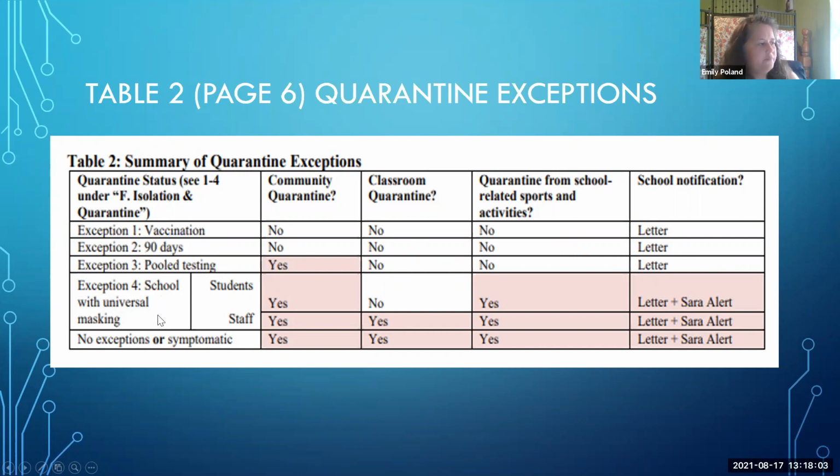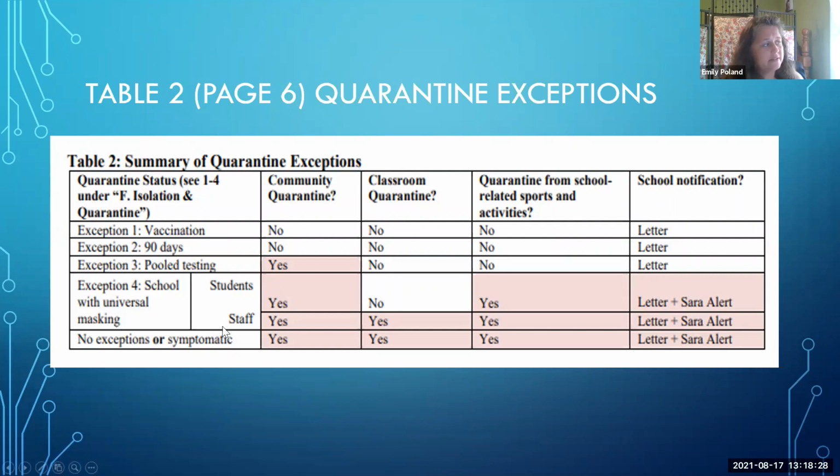Exception number 4 is, does your school have a universal masking policy? Policies are going to look a little bit different in every school, but if you have a universal masking policy, which is to say that in the classroom setting, your students are masked, that's the expectation. So when they're in the classroom, they're masked.